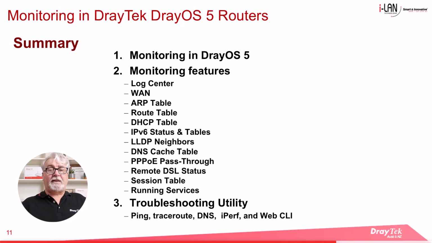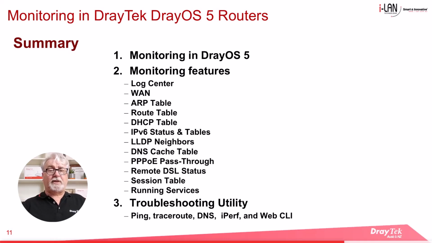So this is the end of today's session. In summary, we began by introducing the monitoring features in DrayOS 5, which assists in observing and analysing real-time network activity and system status. We then went through each monitoring tool in detail, including the log center, WAN status, ARP and route tables, DHCP information, IPv6 tools and LLDP neighbours, DNS cache table, PPPoE pass-through, remote DSL status, session table, and running services.